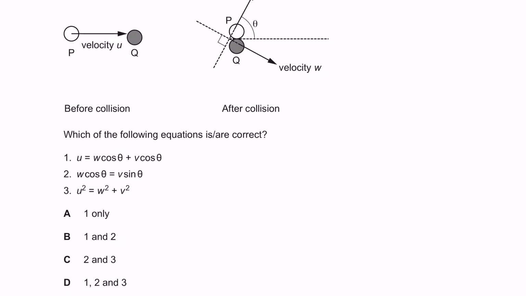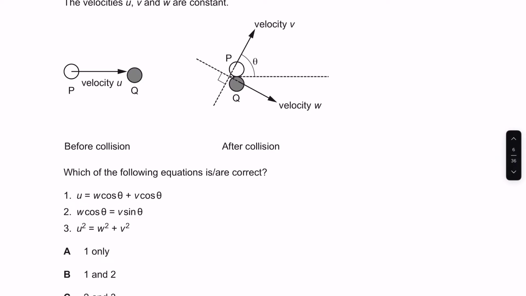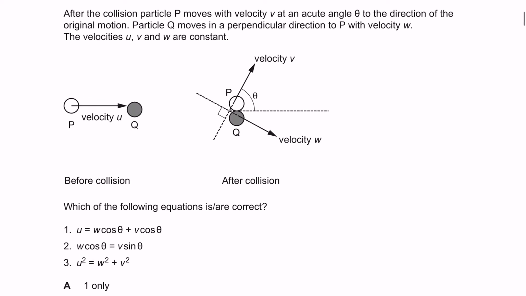So let's just break down the components of velocity first into the y-axis and the x-axis. So for v, you're going to have one like so. This will be v sine theta, v cos theta. Similarly for the other one, just do it in another color, it will be this way as well.